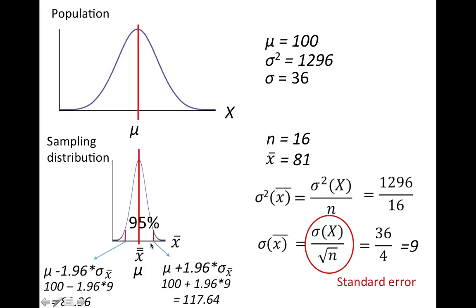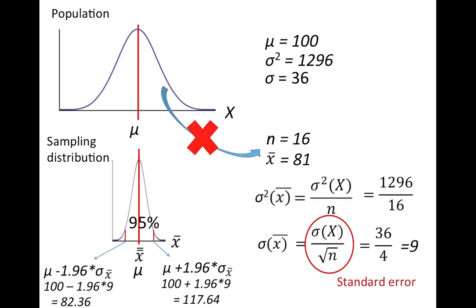This is outside these limits. And it means that there is less than a 5% chance to get a sample mean that deviates this much or more from the population mean. And the most likely conclusion we draw from this is that this sample does not come from a population with a mean of 100 and a variance of 1296.